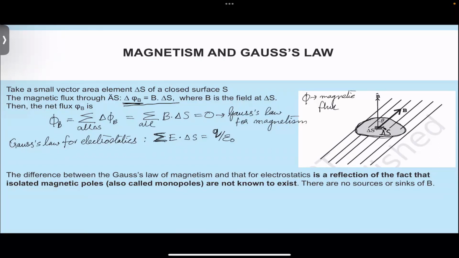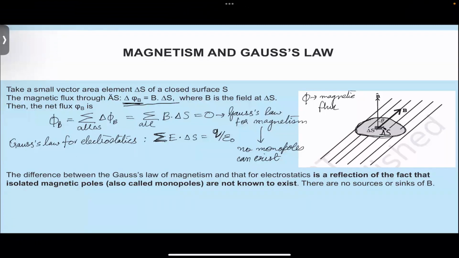So while electrostatics reflects that there is an electric charge enclosed by the surface, with respect to magnetism this shows that isolated magnetic poles, monopoles, do not exist. Gauss's law for magnetism reiterates that no monopoles can exist, because there are no sources or sinks when we consider the magnetic field.